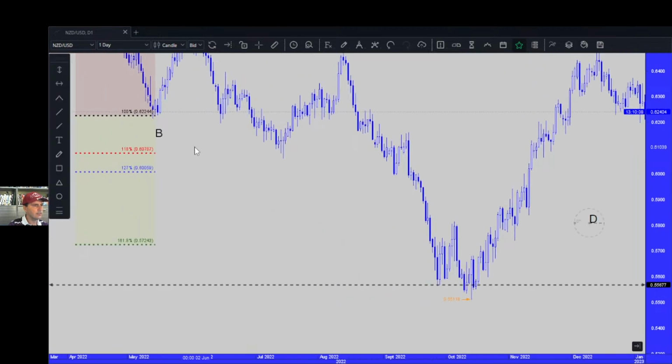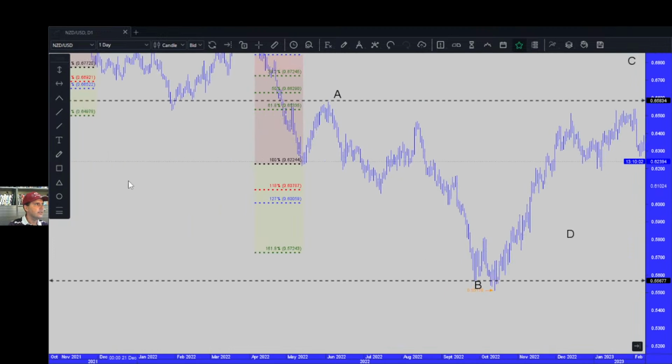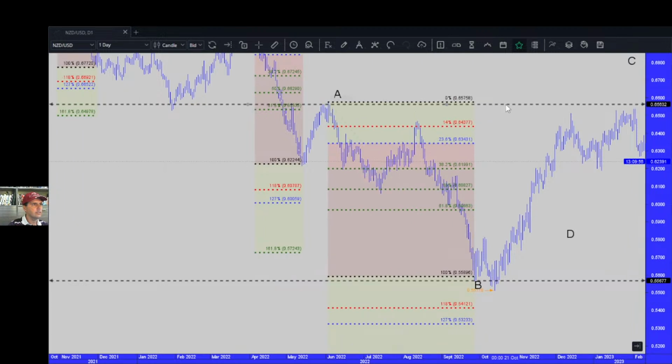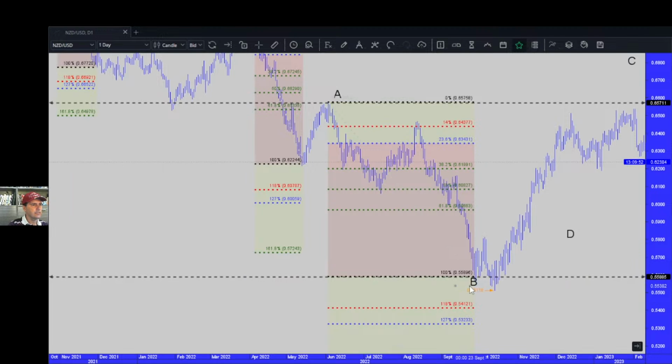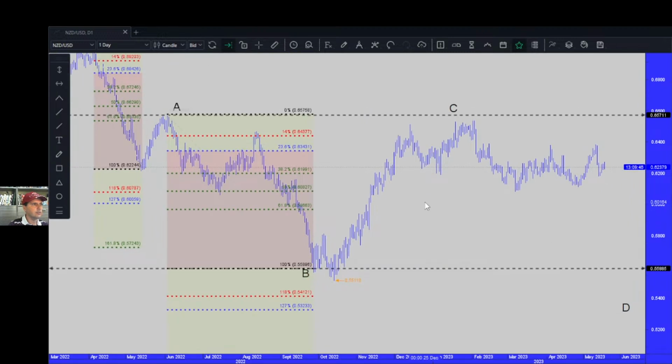Alright, it is a low. A to B. NZD/USD. A to B, C in here and D down in here.